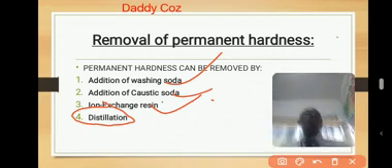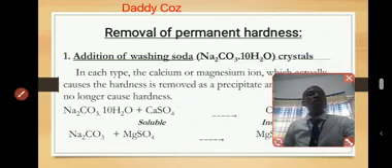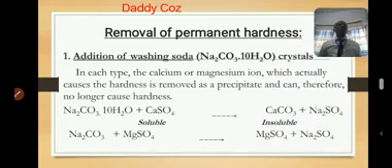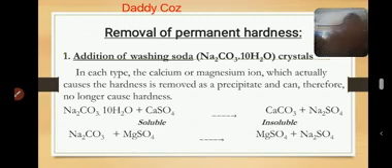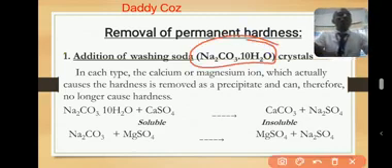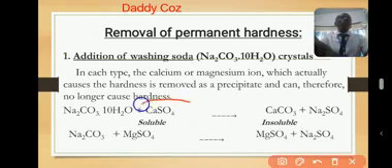Now let us see how to remove permanent hardness by addition of washing soda. Washing soda is sodium carbonate decahydrate, Na2CO3.10H2O. This washing soda will react with calcium sulfate, this permanent hardness.